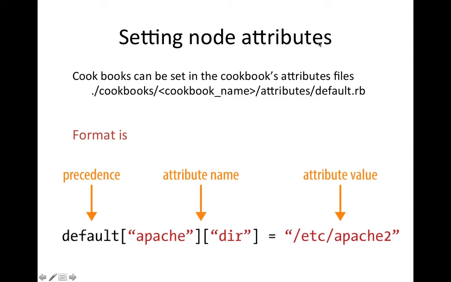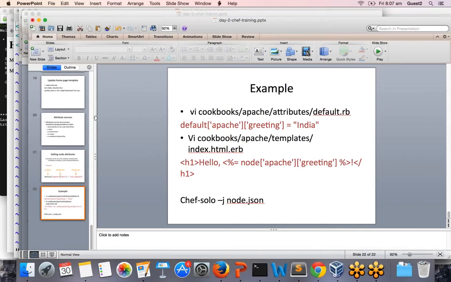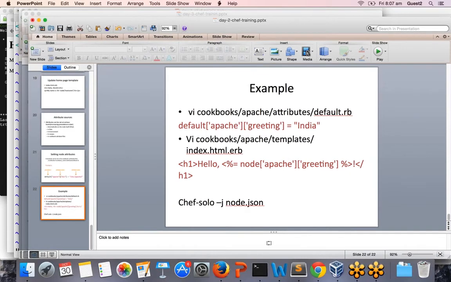So this is the way we set the attributes. It's the same way we retrieve the attributes, the same way we add the attributes. It's again in the JSON format. Now let's see how to do it. Okay, now let's go to the example. I'm again coming out of my screen, and I hope you are able to see this, right?